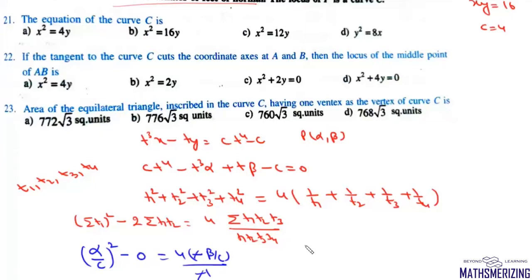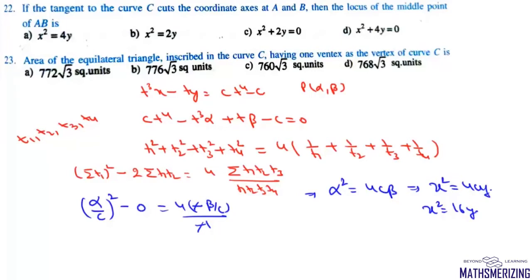So this minus and minus will cancel. So we'll get this result as alpha square equals 4c beta. So this curve C is a parabola which is given by x square equals 4cy, and value of c in this case is 4. So this equation will be x square equals 16y, and that's your option B.